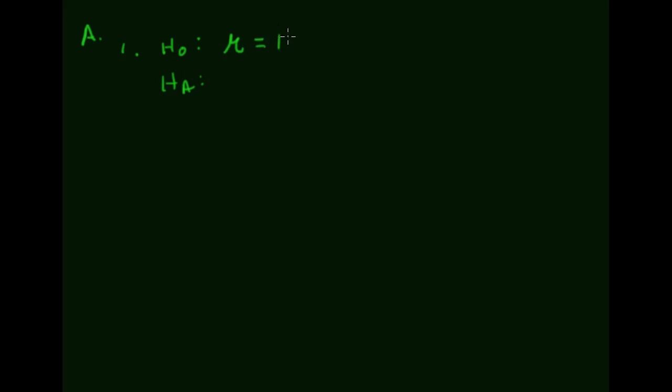We're claiming that they do spend 11, which means that the alternate would be that they don't spend 11. Note, our claim in this case is the null hypothesis. What we need to do is determine the type of test. This is going to be a two-tailed test because this is a not equal in the alternate hypothesis.